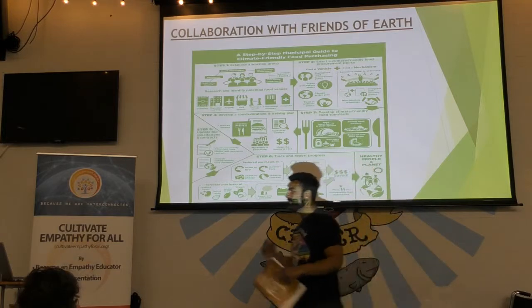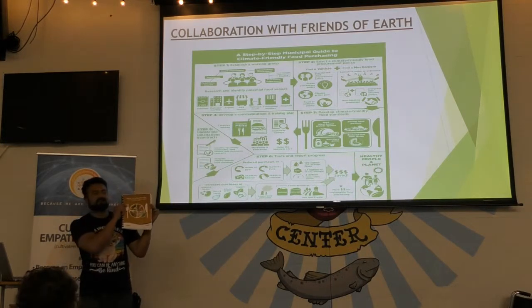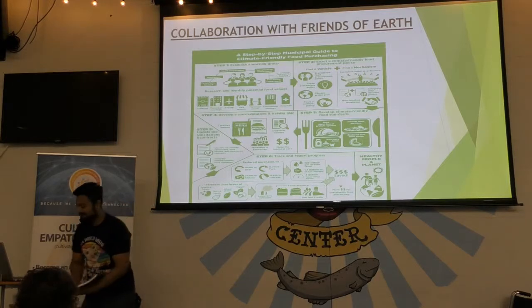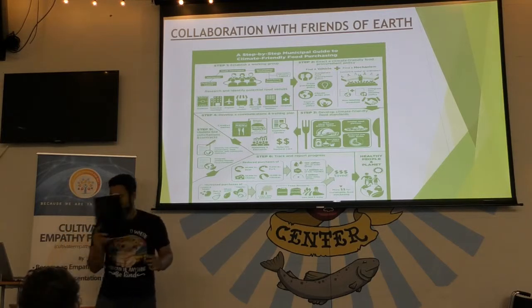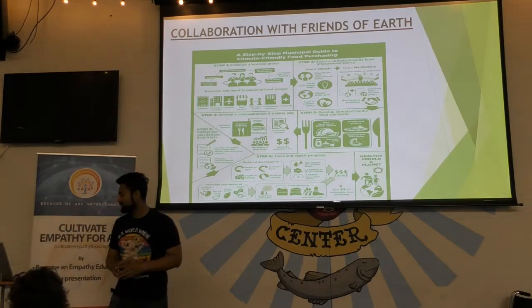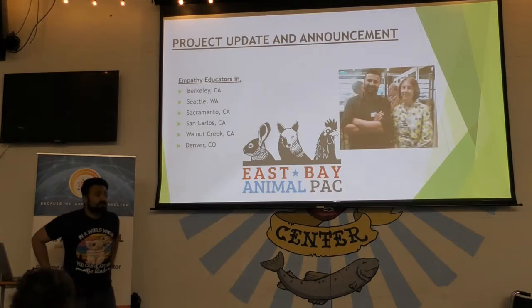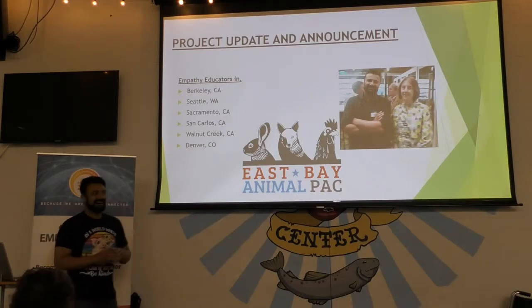So this is a very stepwise procedure for any city council to reduce the consumption of meat and dairy. And I'm going to leave this municipal guide over here if you want to review it after the event. So, is this model really working?